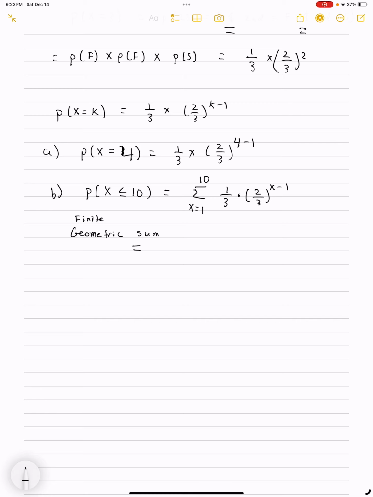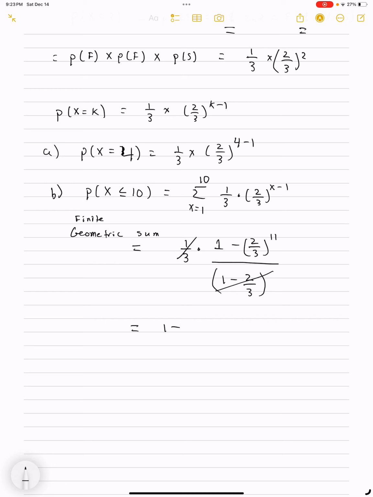So the sum of this is just going to be 1/3 times 1 minus 2/3 to the 11th power divided by 1 minus 2/3, and this quantity happens to cancel with that 1/3.